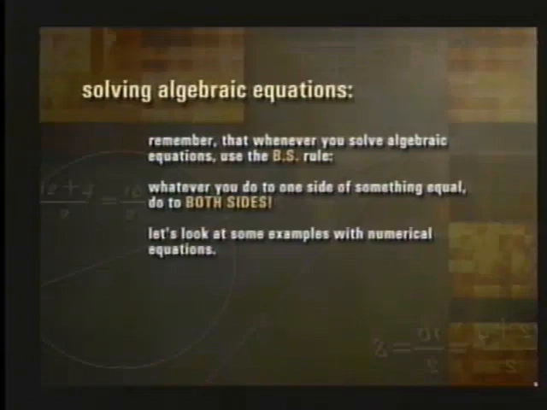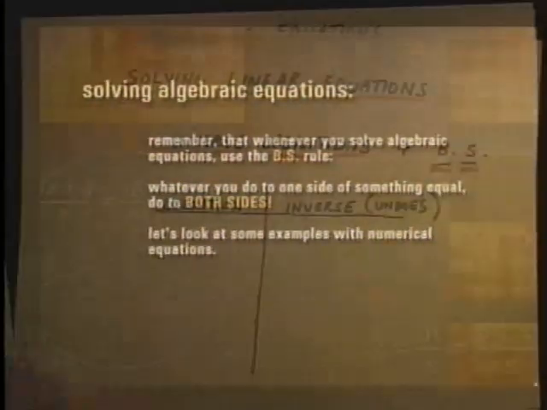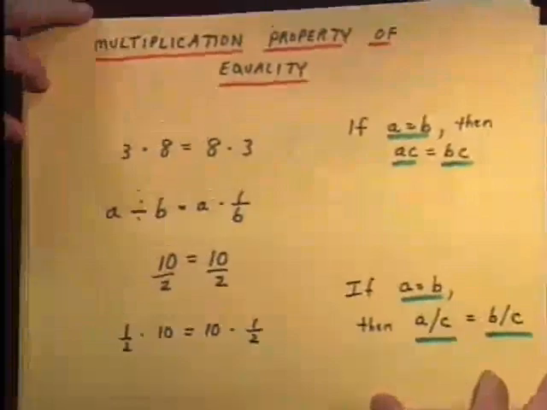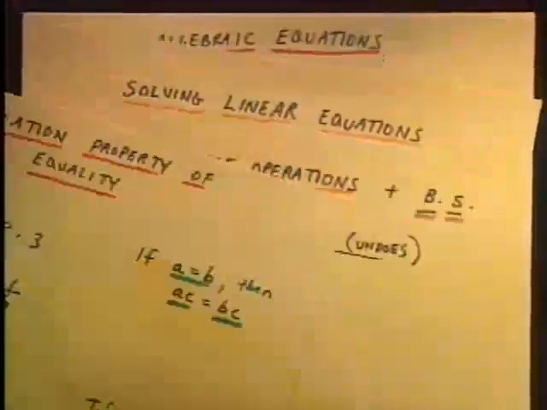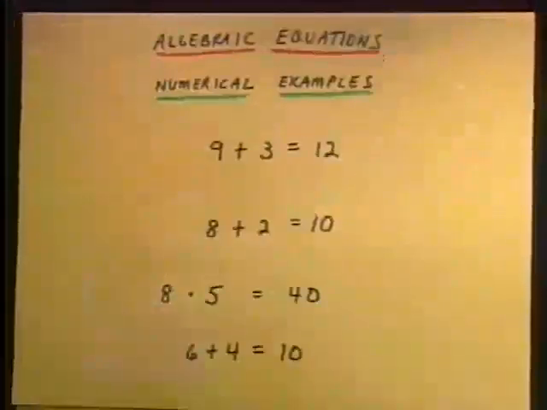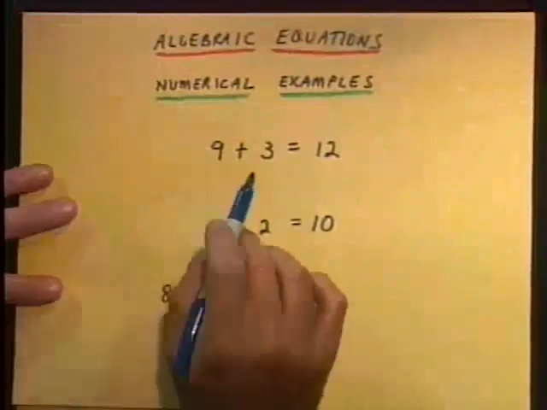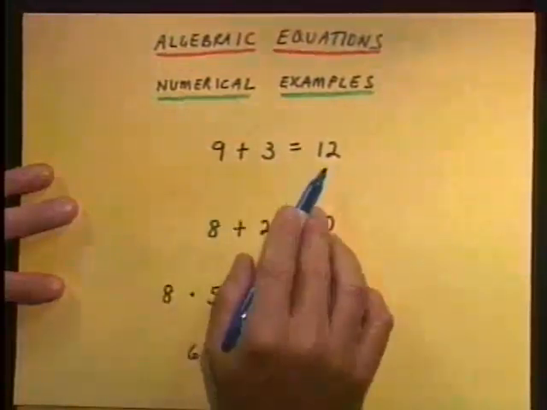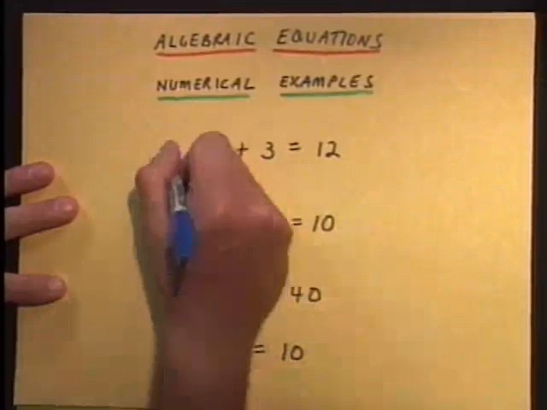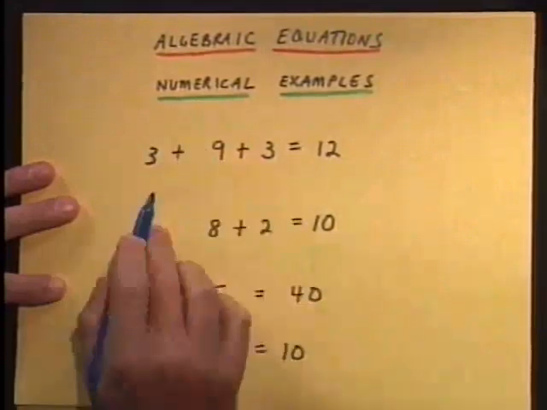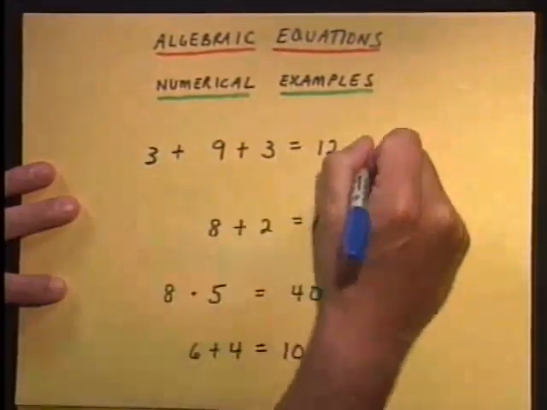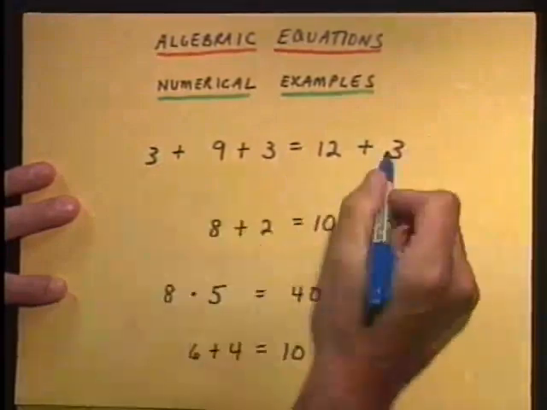Let's look at some examples with numerical equations. Okay, so we have, for example here, 9 plus 3 equals 12. So if I go adding 3 to this side of the equation, I must add 3 to both sides.